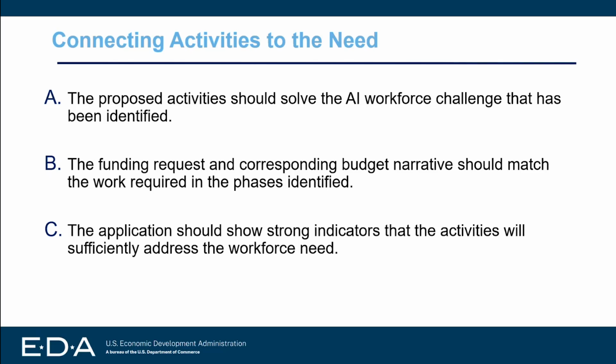There should be consistency. If you say you're going to do something or an activity, there should be a budget line for that within your budget narrative. Third, the application should show strong indicators that these activities will work, that employers have validated the approach, that the methods are grounded in evidence, and that barriers will be addressed.